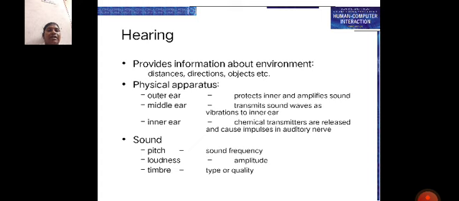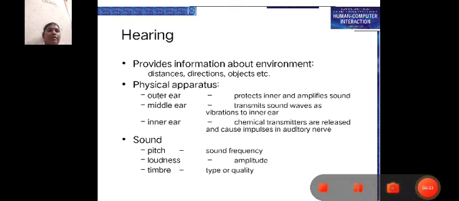In the inner ear, chemical transmitters are released and cause impulses in the auditory nerve. For sound, pitch relates to sound frequency, loudness relates to amplitude, and timbre is the type or quality of the sound.